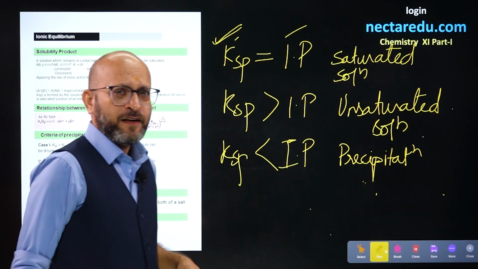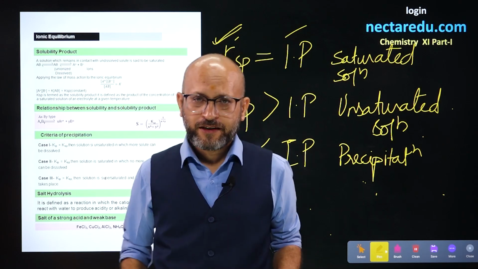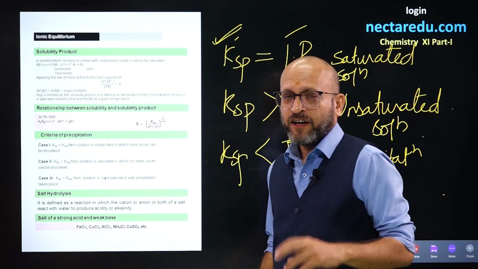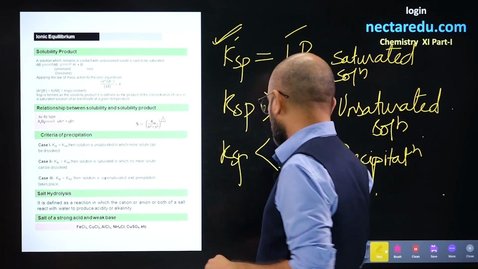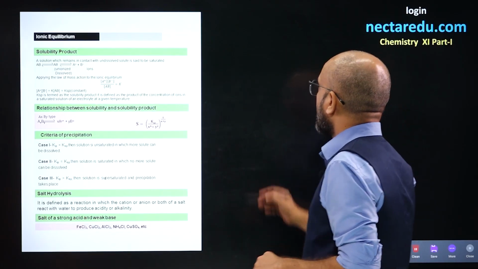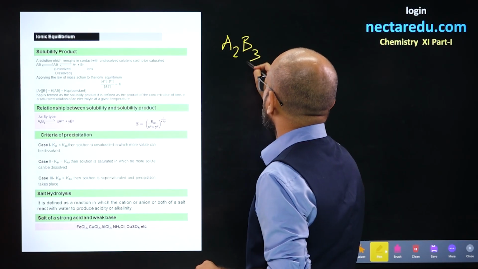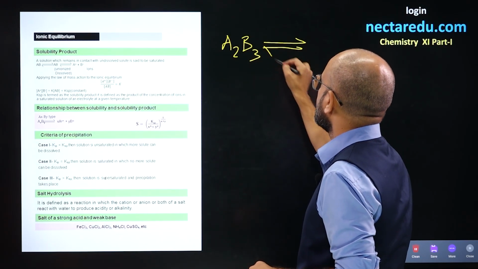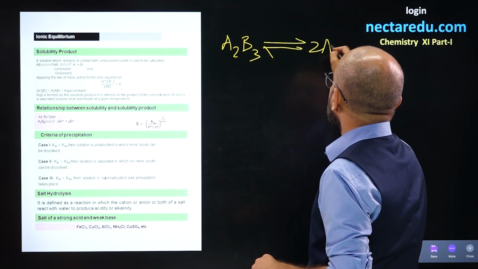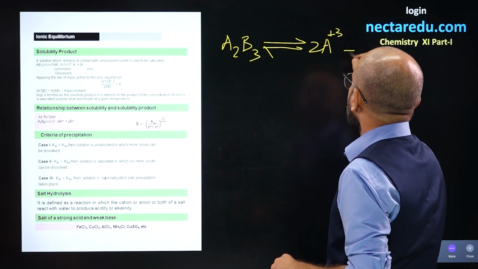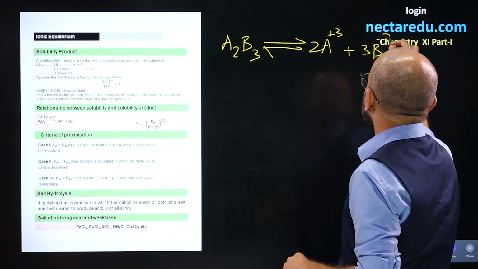Alright. So how do we write ionic product, or how do we write Ksp or solubility product? I'll explain it here. I take an example A2B3. It ionizes to 2A3+ and 3B2-.